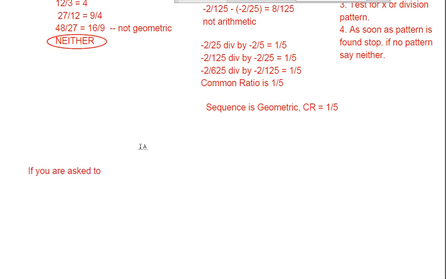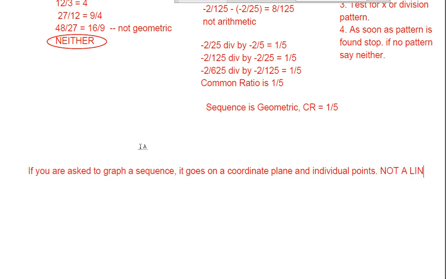If you are asked to graph a sequence, it goes on a coordinate plane, so an XY plane, as individual points, not a line. It is not a solid line. It is individual XY points. And when you do this, remember your domain is 1, 2, 3, 4, 5, etc. It's just the number of the terms.